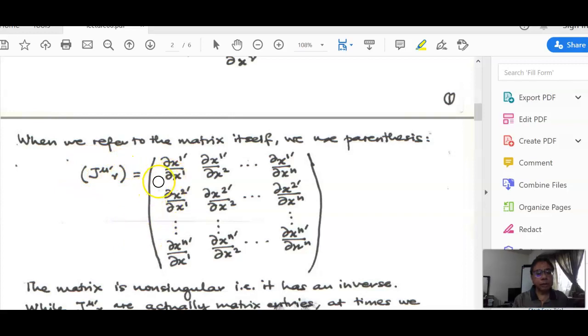It will be the partial derivative of partial x1 dash, partial x1, followed by partial x1 dash, partial x2. In other words, the index at the top, the first index, labels the row. Here is the second row, so you get x2 dash in the numerator, until the nth row. While the second index, the index at the bottom, labels the columns.